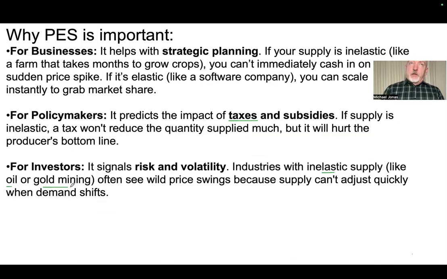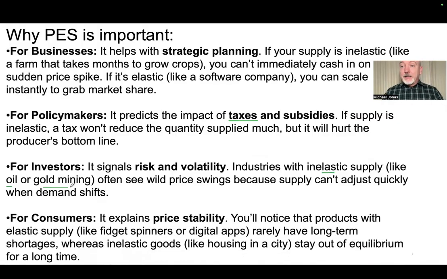So commodities with more volatile prices tend to have more inelastic supply. So knowing that, ranking different commodities that you're thinking about investing in by elasticity will also be a measure of predicted risk and volatility associated with investing in that product. The more elastic, the more stable the prices are going to be.